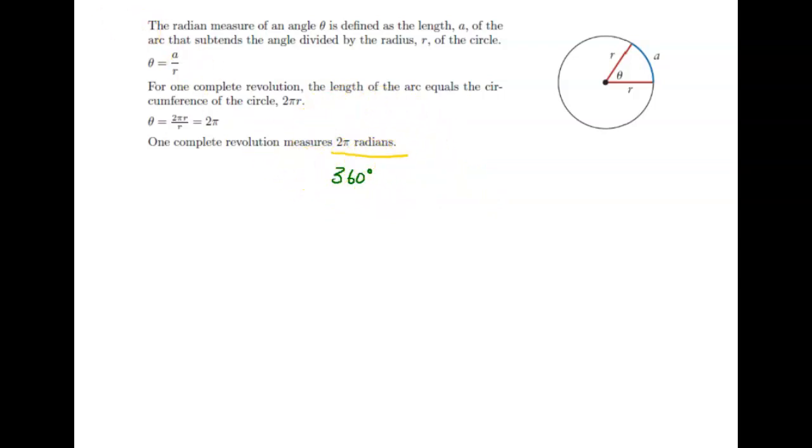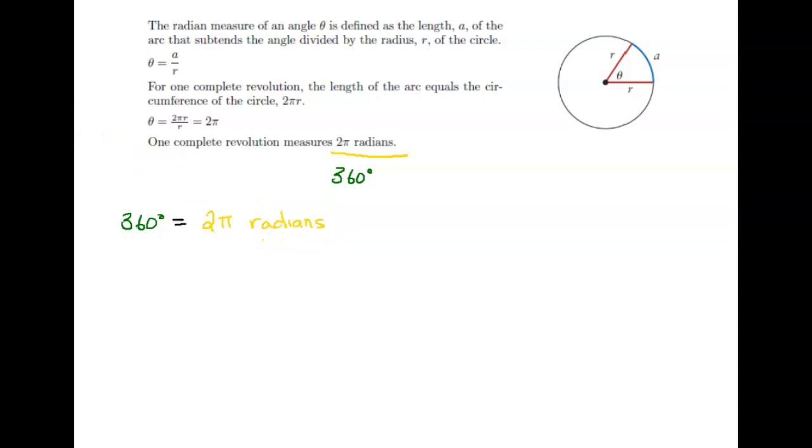So let's compare that formula. We've got 360 degrees, and based on this explanation, that is the same as 2 pi radians.